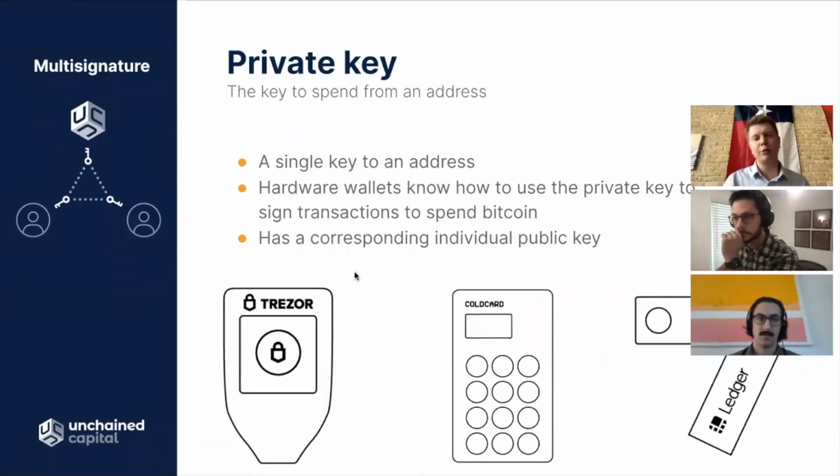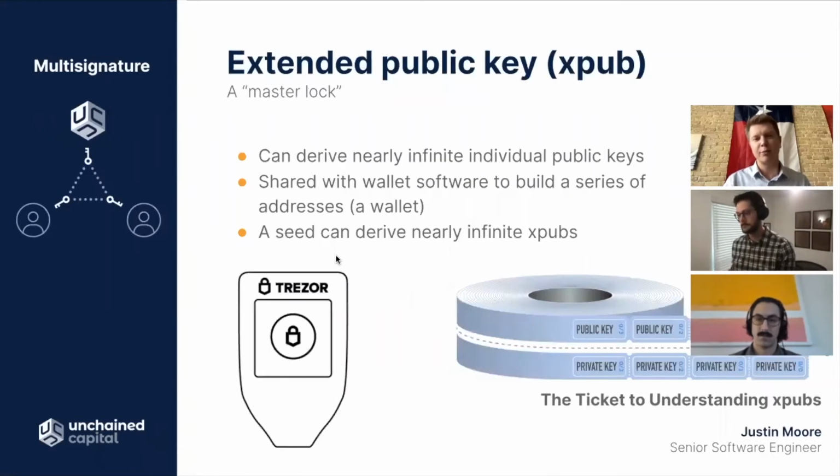And, bleeding into our next term here, going off of public key, private key, the very next term will be extended public key. So this is also talked about a lot, whether you're listening to podcasts or reading about Bitcoin. It's often referred to as an XPub. So extended public key, XPub. And if our public keys are locks, you can think about an XPub or an extended public key as a master lock.